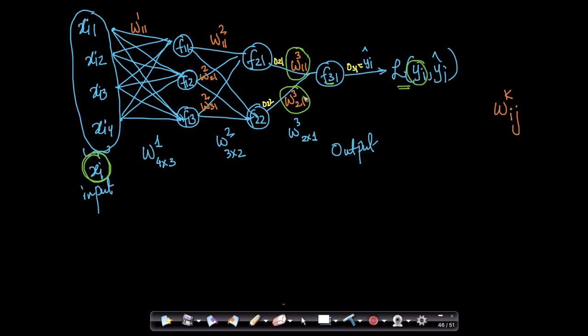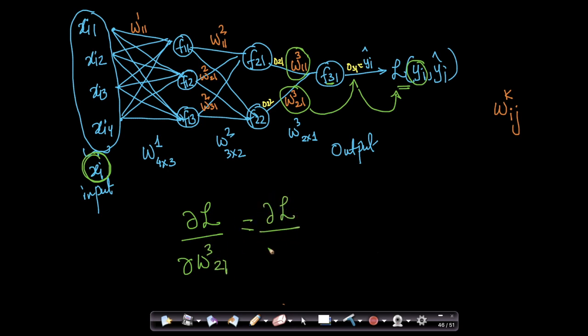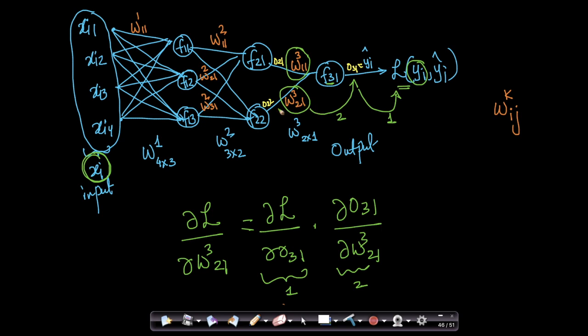So W321 also impacts O31 and O31 impacts L. So I'll write it as the derivative of L with respect to W321 is equal to the derivative of L with respect to O31 multiplied by the derivative of O31 with respect to W321. Again here, this represents step 1 and this represents step 2. I'm just following the path here.